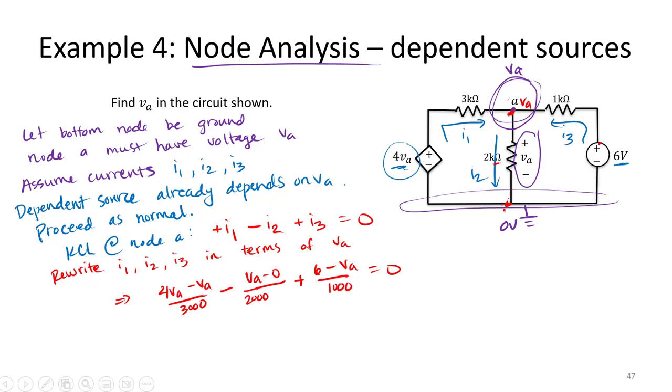Now all that's left to do is solve for VA. We got one equation, one unknown. We solve for VA. Here it's convenient to multiply both sides by 6000.